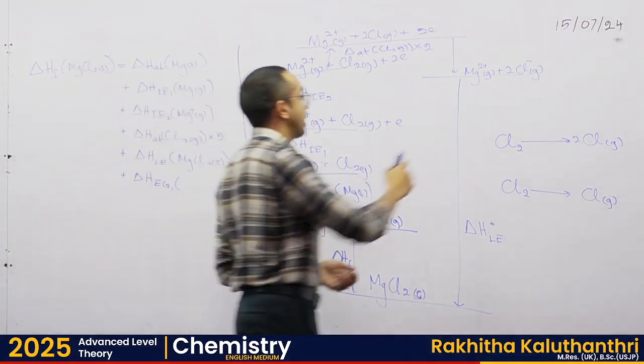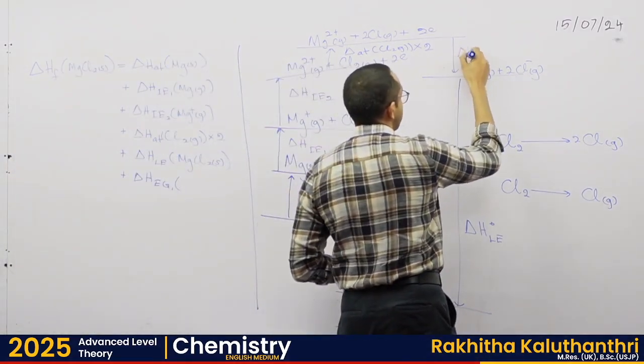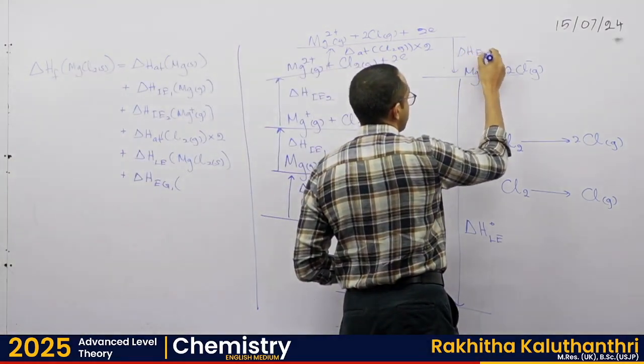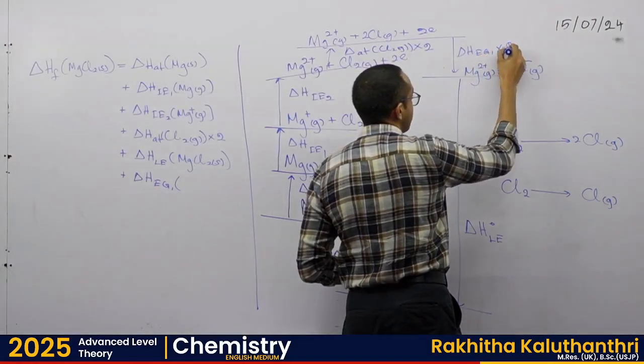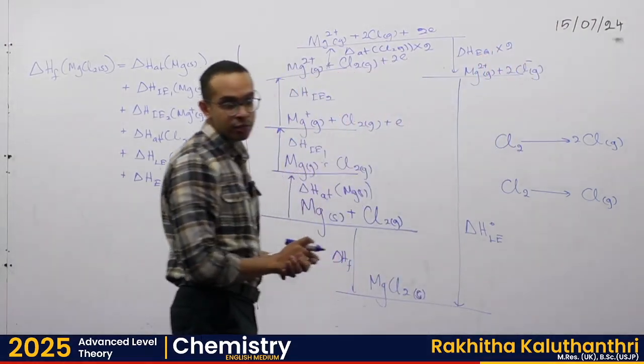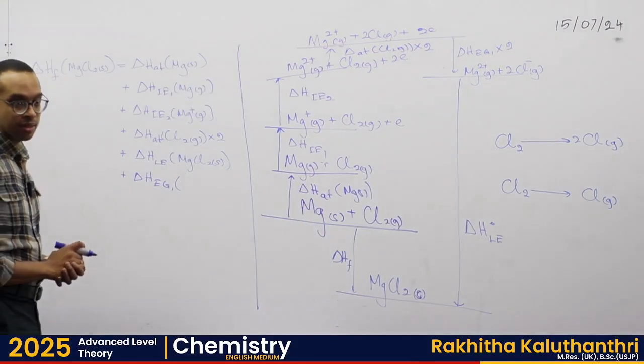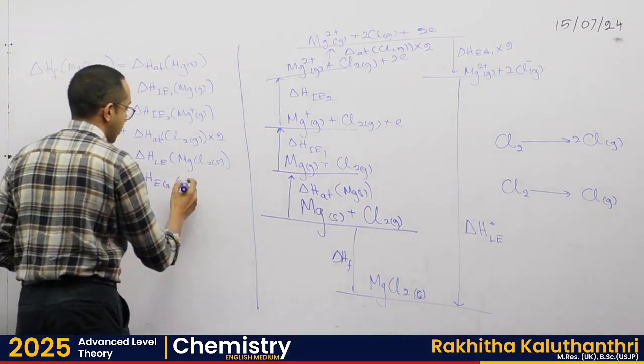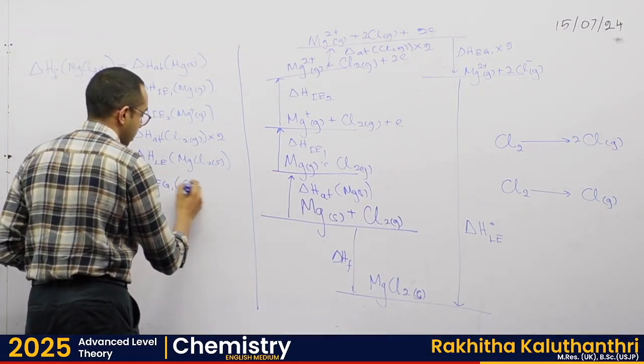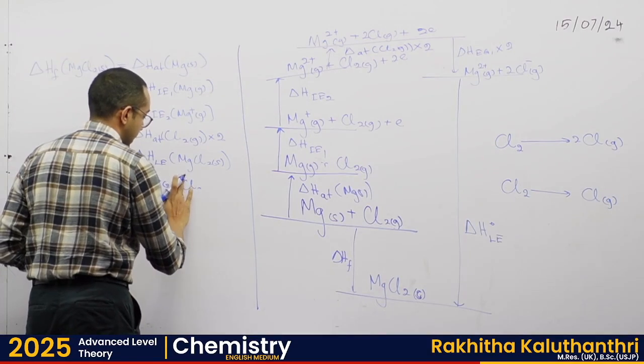Here also, I haven't written it here, delta H electron gain 1 multiplied by 2, because there are 2 chloride ions formed here, not just one, right? So you have to multiply that as well by 2. Cl gas.